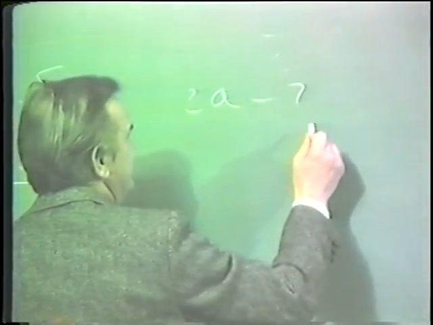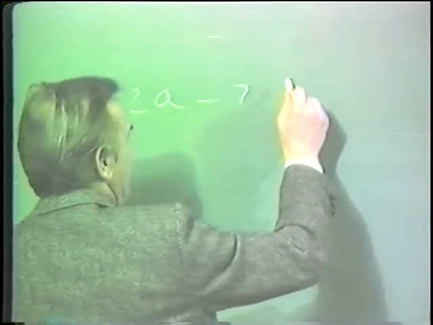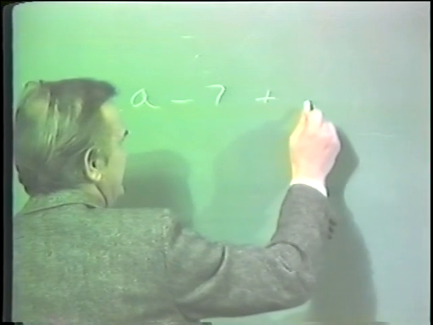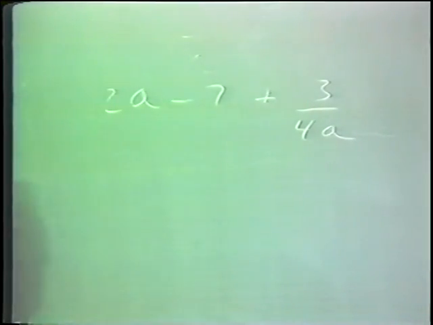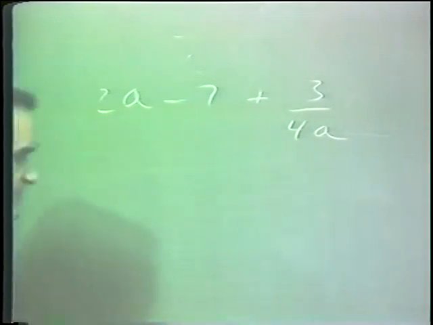Okay? Let's try this one. 2a minus 7 plus 3 over 4a. That's 2a minus 7 plus 3 over 4a.